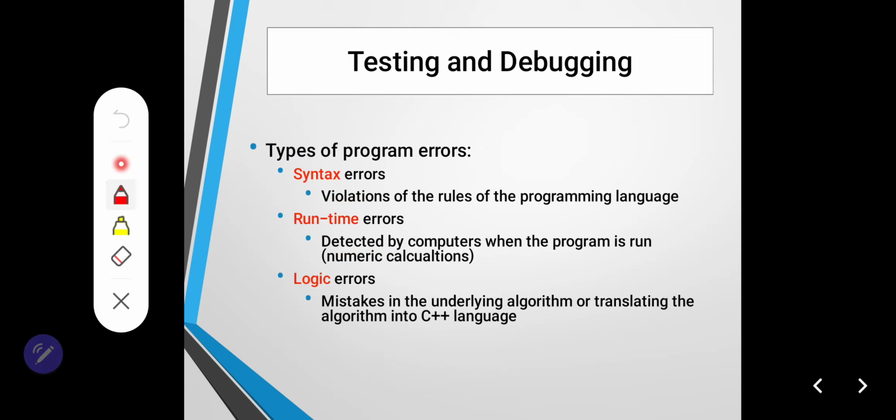Number 1, syntax errors: violations of the rules of the programming language. Runtime errors: detected by the computer when the program is run, or in numeric calculation. Logic errors: mistakes in the underlying algorithm or in translating the algorithm into the C++ language.